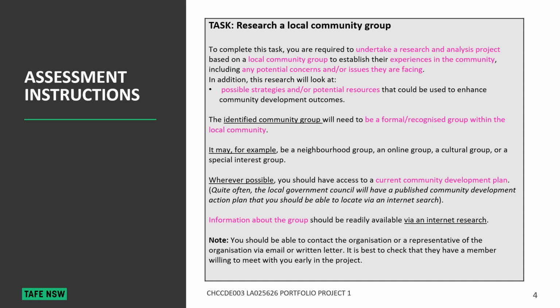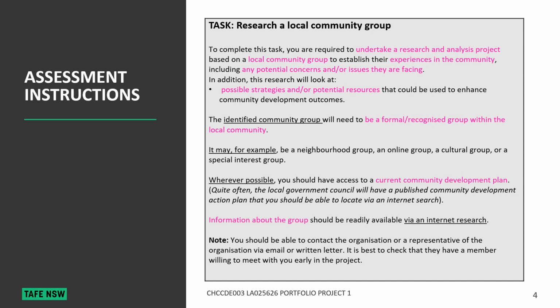And you're given a few ideas here. It says it could be a neighbourhood group, it could be an online group, a cultural group, or a special interest group. But we're going to pull that apart as we work through the assignment and give you some examples.